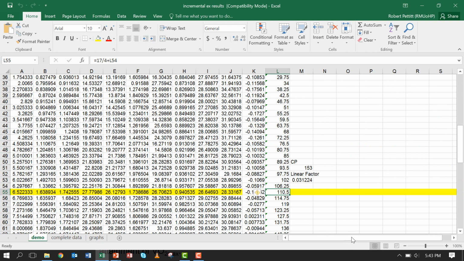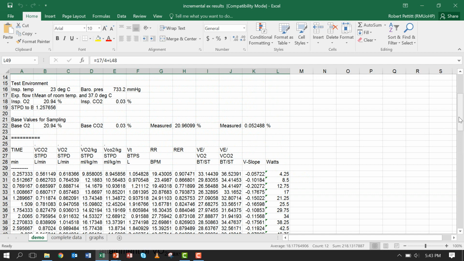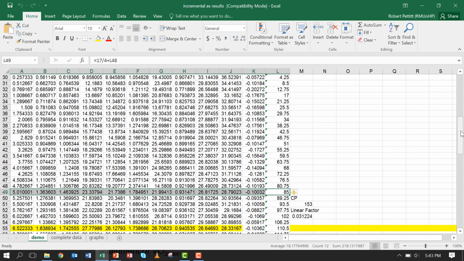So if we were to look at an intensity in the moderate domain, that would be anything at or below 110.5. If I go to, say, 85 watts, and I highlight that, and I look at my expected VO2, because I've used the interpolation method, it would be 1.46 liters.